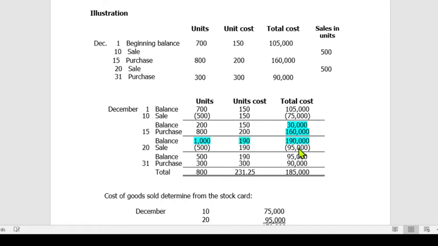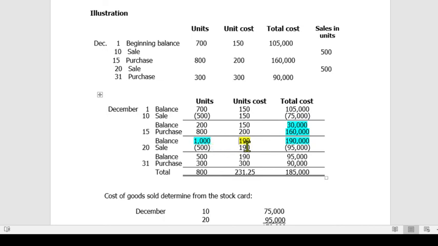Ngayon, kung yan na yung ending inventory mo, kung this is the end of the period, yang 190 per unit ang gagamitin mo na pang-multiply sa iyong number of ending units para ma-identify natin yung cost ng inventory mo to be reflected on your balance sheet. Since hindi pa yan yung ending, nagbenta ka na naman ng 500. So, 500, magkano ang cost ng 500?